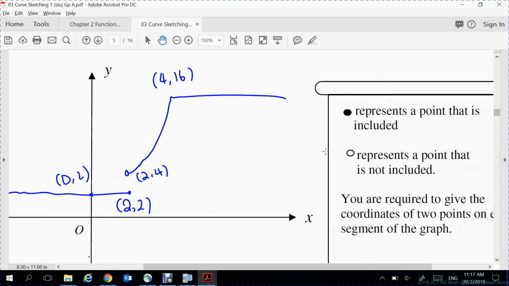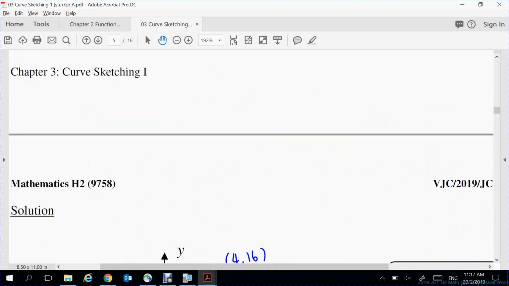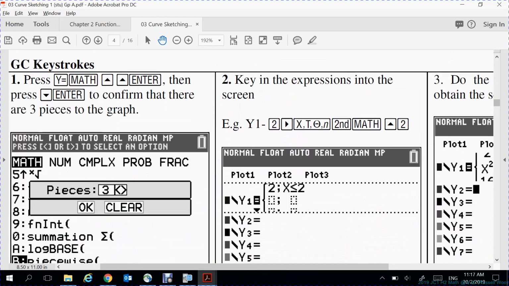Another thing I want to highlight is this. What does this open circle represent? This open circle is very important. It represents that this point, 2, 4, is not a point on the graph. I want to exclude this point from the graph because when x is 2, y is actually 2, not 4. If you look at the piecewise function definition here, let me go up a little bit.